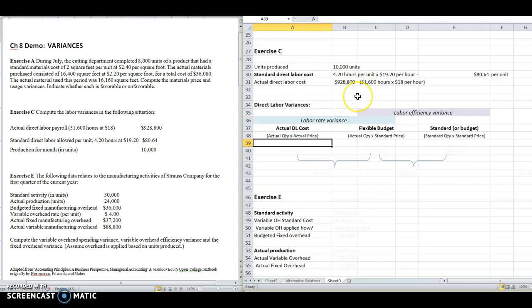So my actual cost comes from, we said up here that it was $928,800, and it comes from 51,600 hours at $18 per hour.